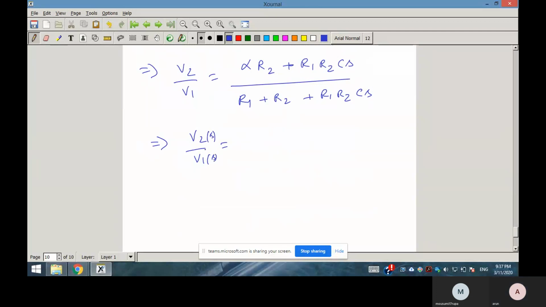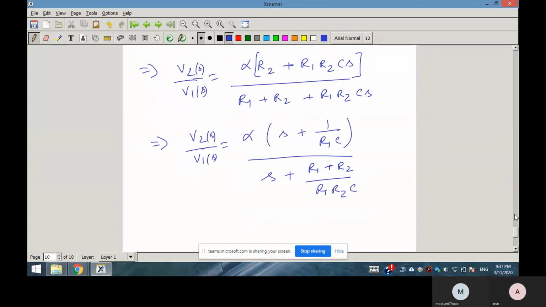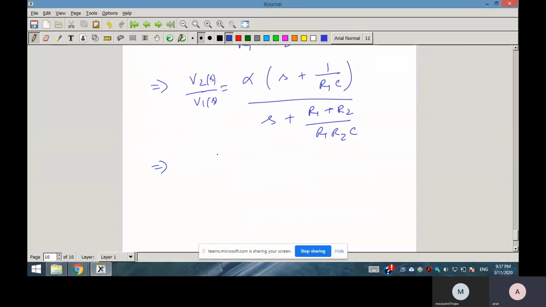These are all functions of S, I am not writing the S. So this is equal to alpha into S plus 1 by R1C, divided by S plus R1 plus R2 by R1 R2 into C. So this can be written in that form: V2(S) divided by V1(S) is equal to alpha into S plus A divided by S plus alpha into A.